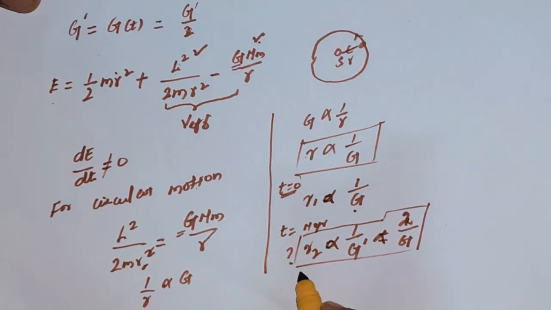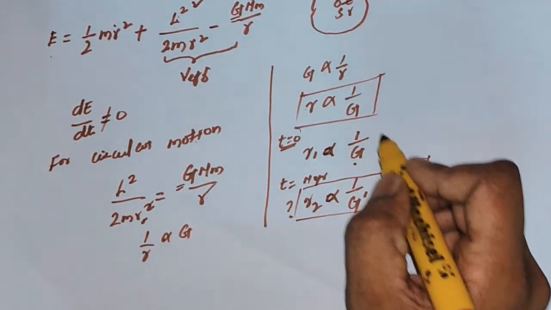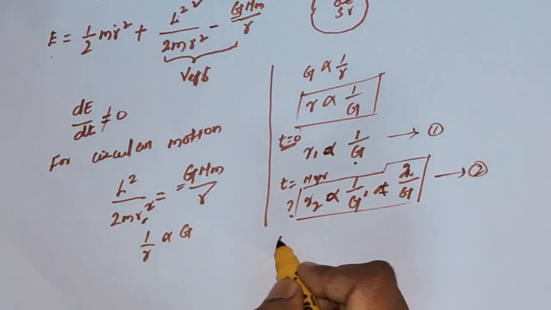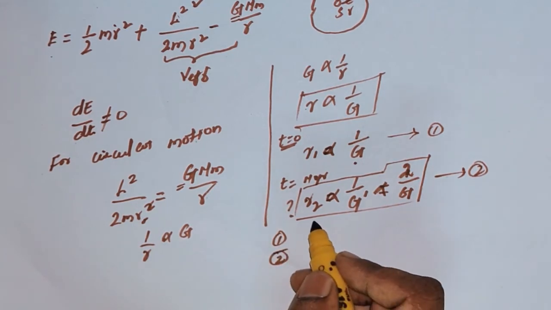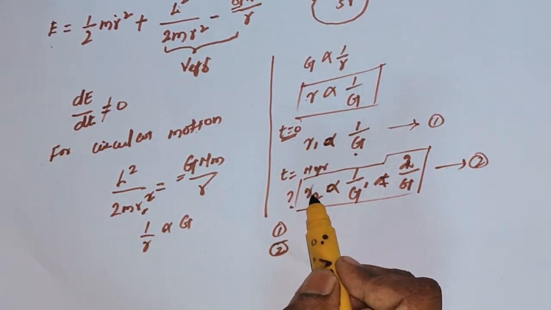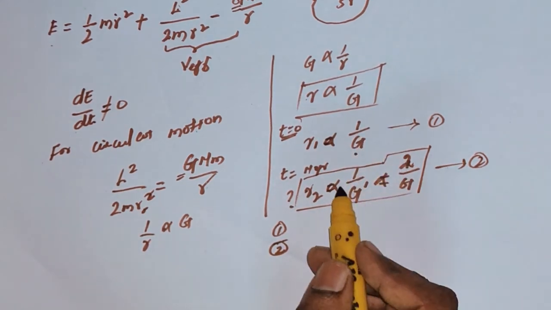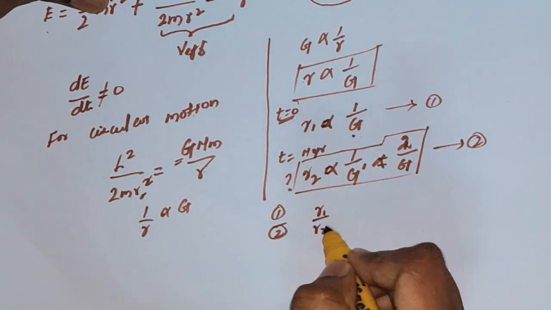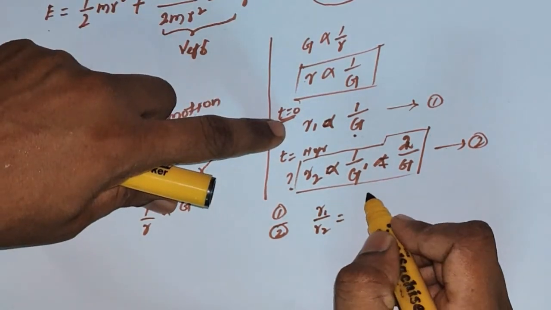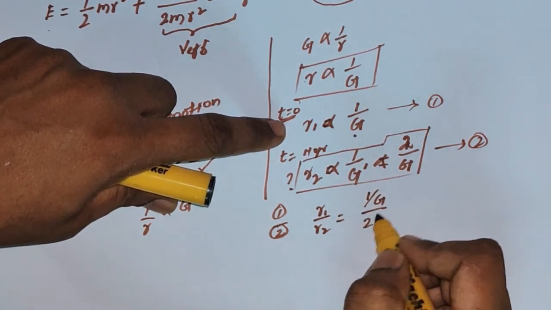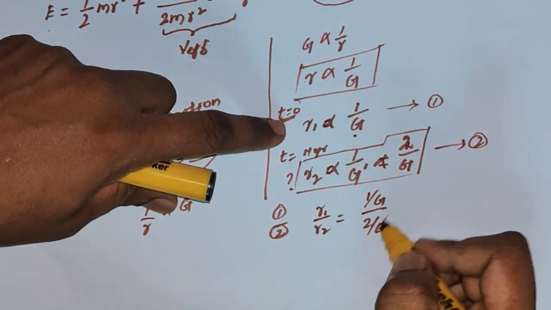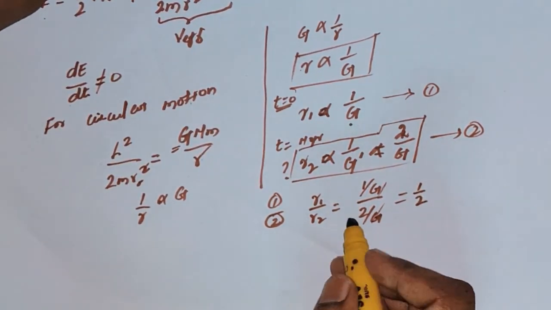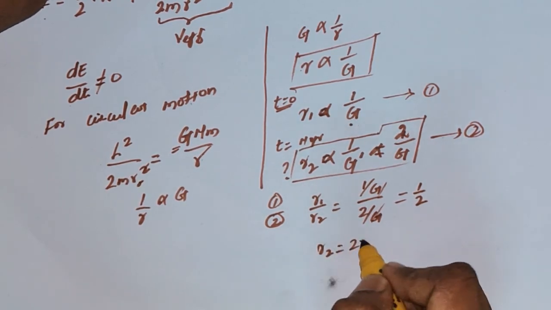Now we can divide these two equations, call them 1 and 2. Dividing gives the relation between the initial orbital radius and the final orbital radius, because G will get cancelled. So R1 by R2 is equal to 1 by G divided by 2 by G. Cancelling G, this is equal to 1 by 2, or rearranging, R2 equals 2 R1.